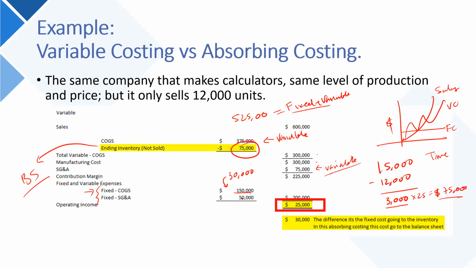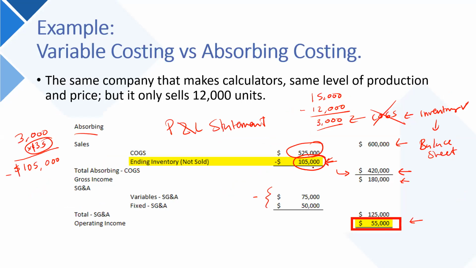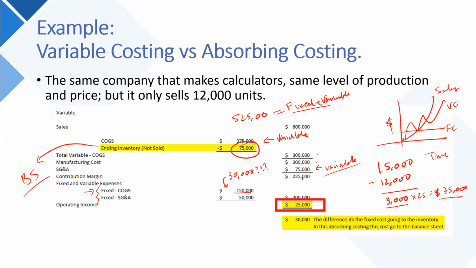Right? Do you get it? More or less. So here we have 105,000, and remember, this number has a fixed plus a variable factor inside it. So in here we are taking out a fixed and a variable cost. Here we are only taking variable. So what happens with the proportion of fixed cost? Well, that is inside the fixed cost of goods sold that is listed as an operating expense.